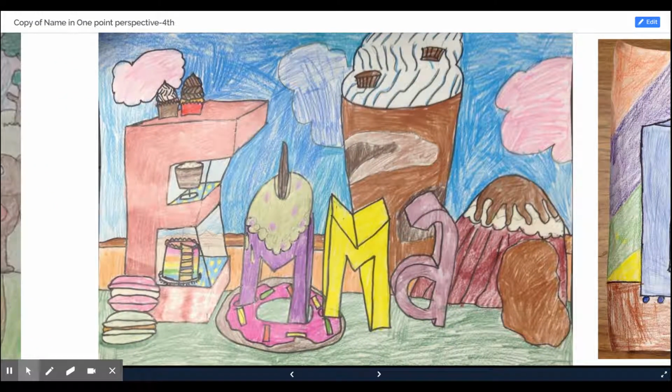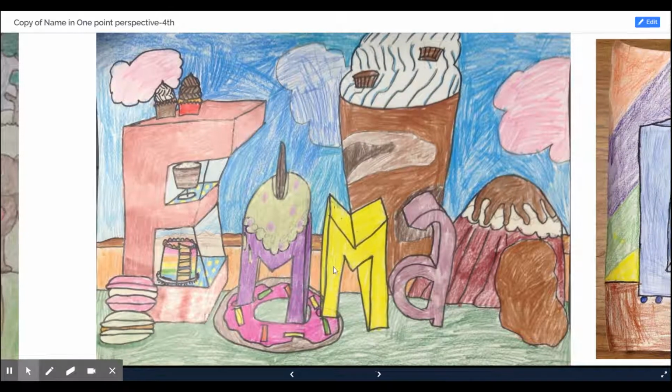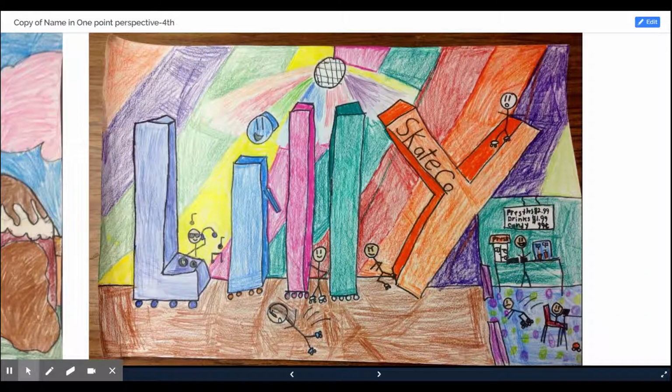Here's a different Emma. Her theme was sweets, so you can see she even has some glass cases for her sweets to go in, as well as lots of delicious treats in the foreground and in the background. Lily had a skate party. She has lots of fun ideas, even some little motions and fun things to look at.